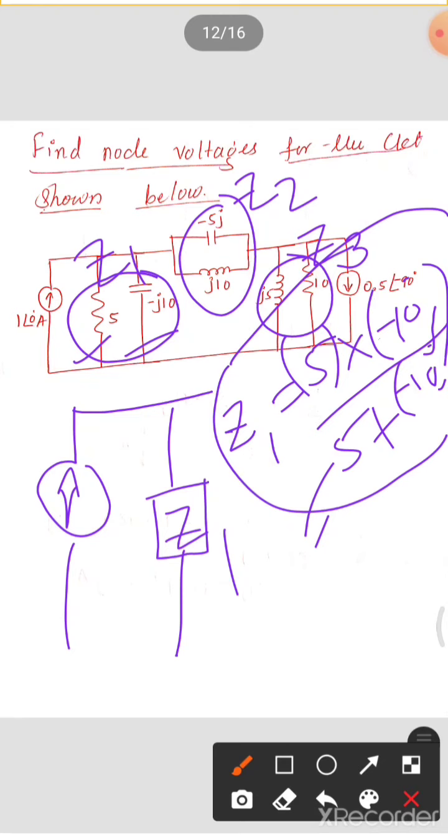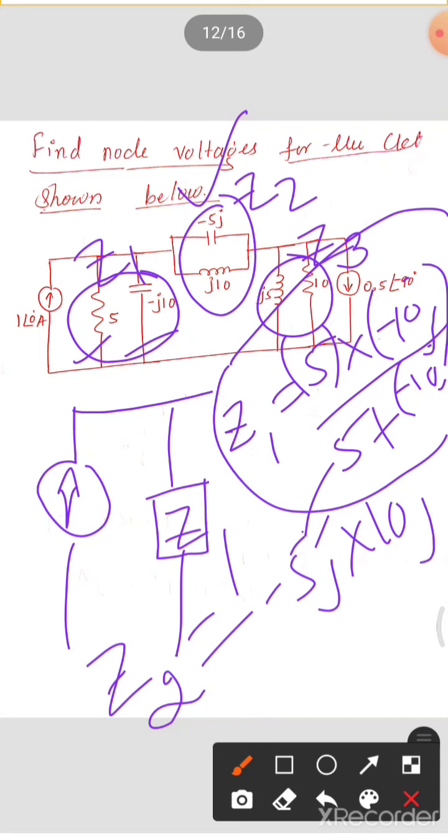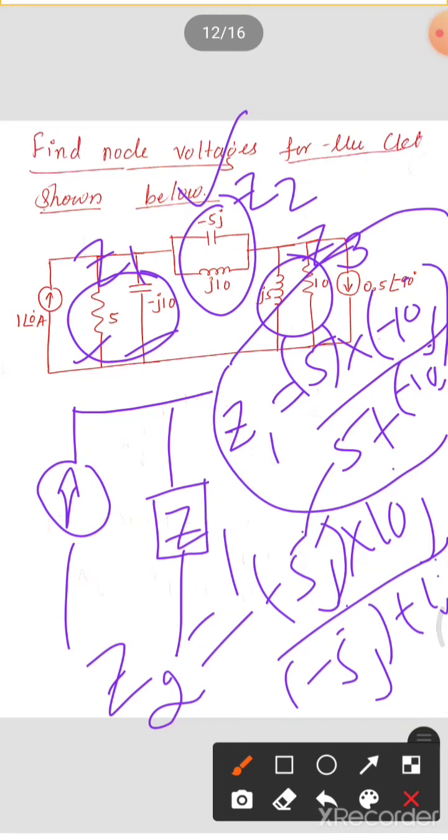Okay, and similarly we can calculate Z2. Z2 is what? 5 minus 5j and 10j, which is minus 5j into 10j. Take in a bracket and write it, and then minus 5j plus 10j. Simplify this, right? So similarly your Z3.